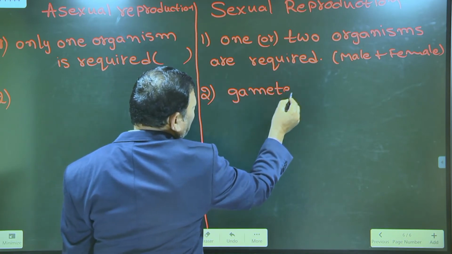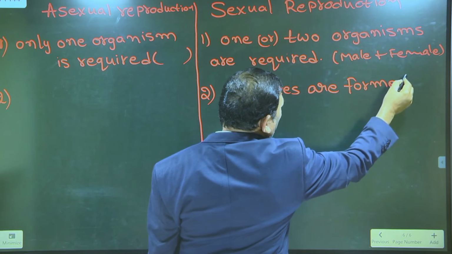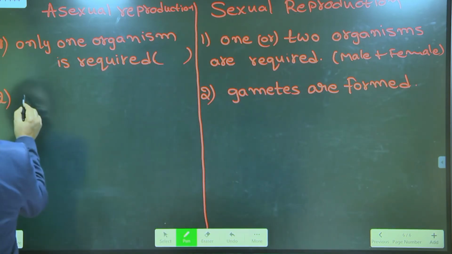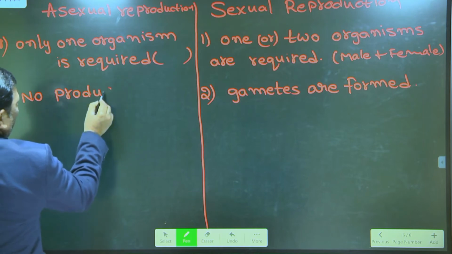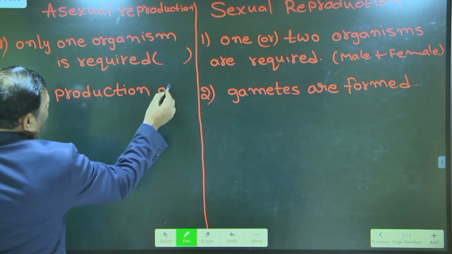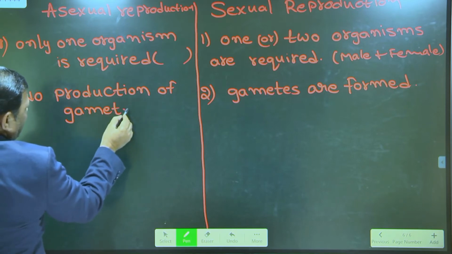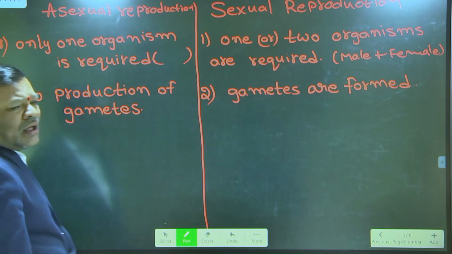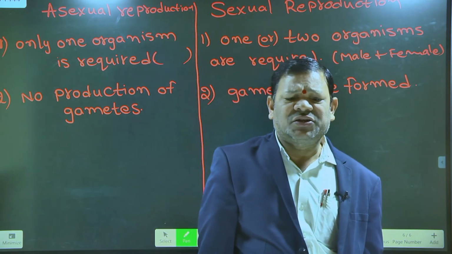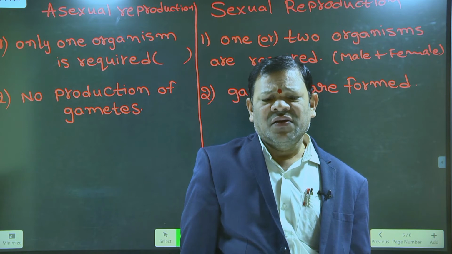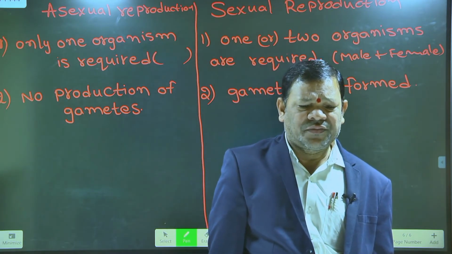Here in asexual reproduction, there is no production of gametes. In sexual reproduction, the male organism produces the male gamete, and the female organism produces the female gamete. Do you understand?